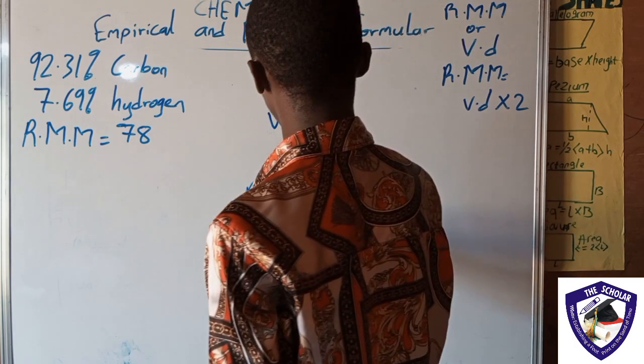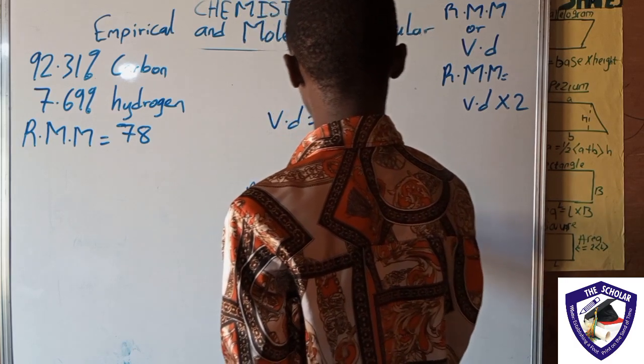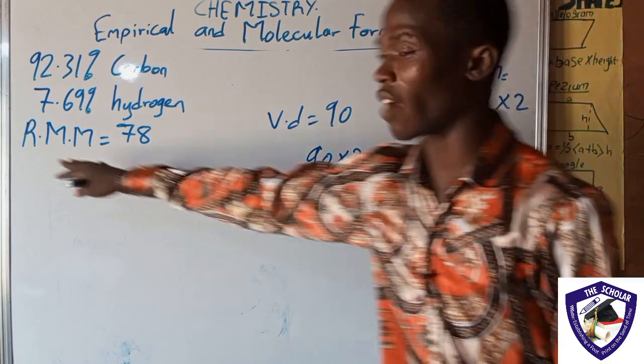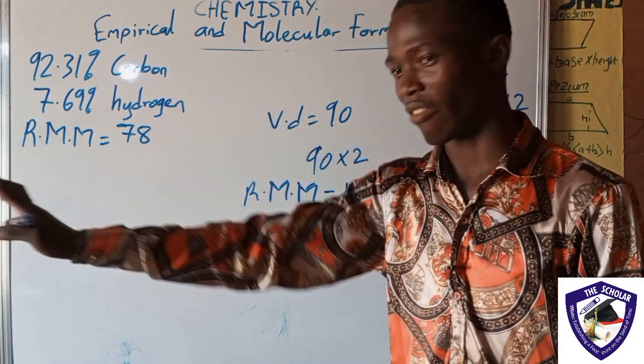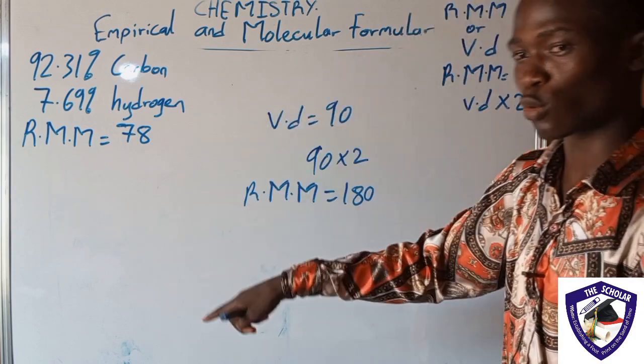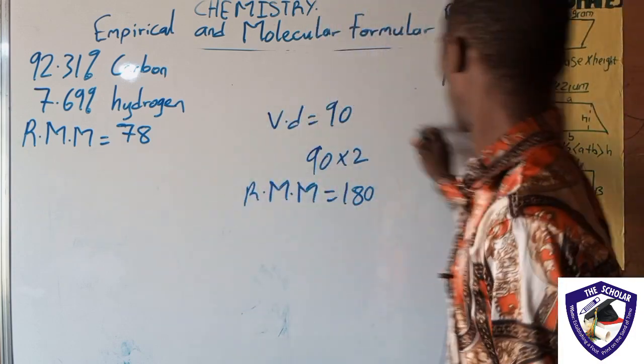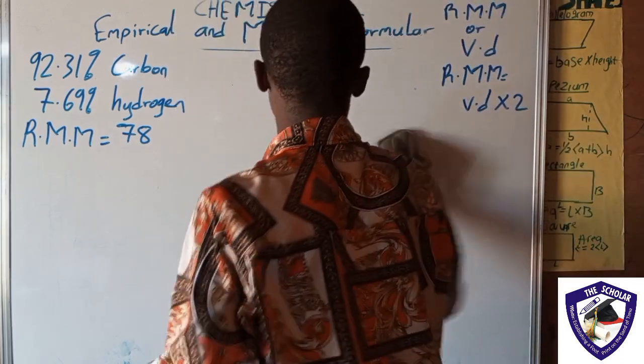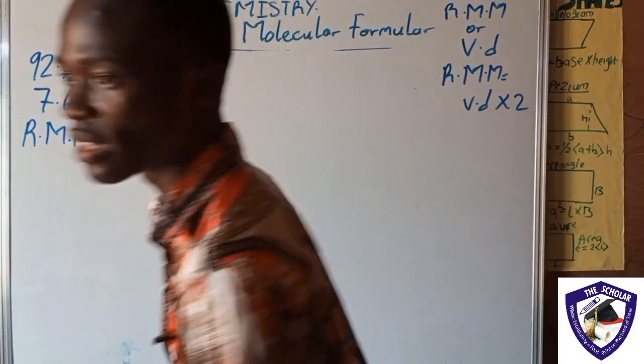So your RMM will now be what? 180. If you are given vapor density instead of RMM, you can't use your vapor density directly. You have to multiply it by 2 because RMM is equal to vapor density times 2. Now in this question, we were given RMM to be 78.